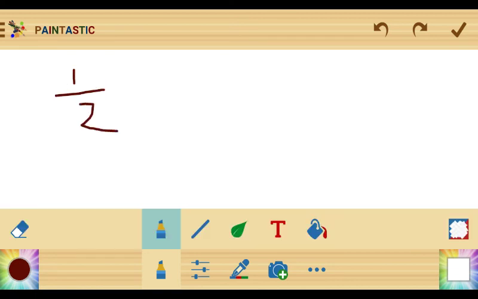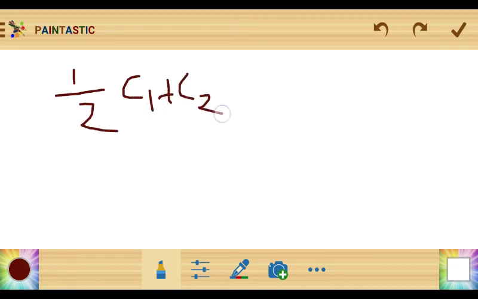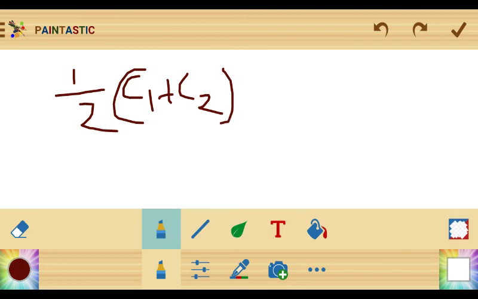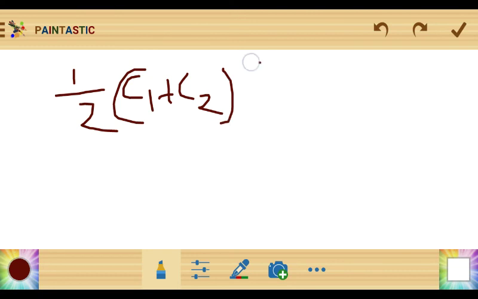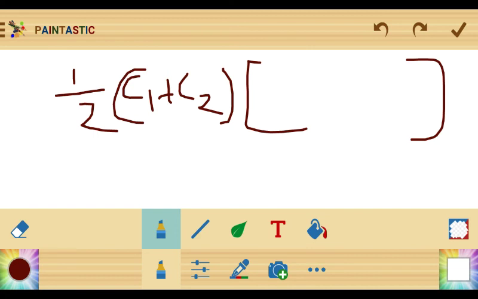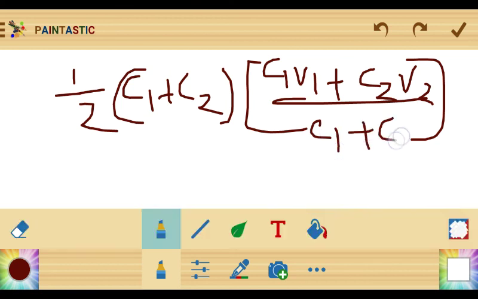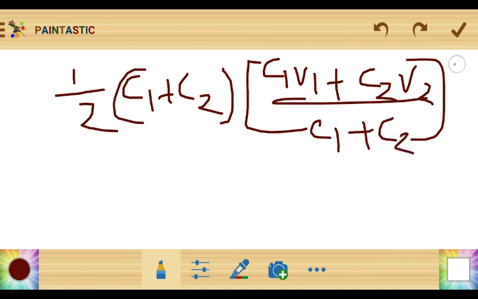So we got half C1 plus C2 and V square common. We know the value of V, which is equal to C1 V1 plus C2 V2 upon C1 plus C2, and it is squared.